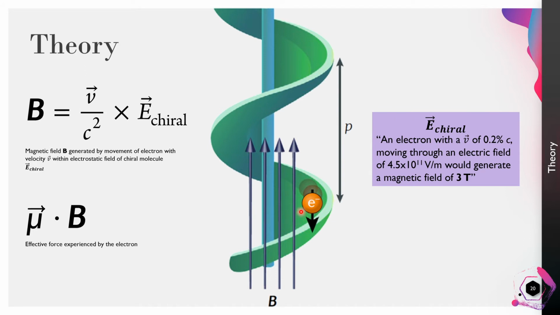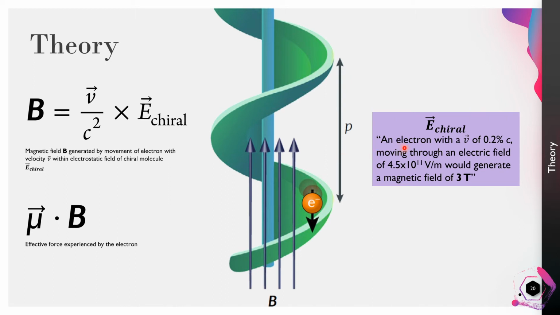As you can see here, this orange electron ball represents a transfer through a chiral molecule, and this black arrow represents a spin which is anti-parallel to the induced magnetic field as this electron precesses through the chiral molecule. And the magnetic field that's created here is actually quite strong.